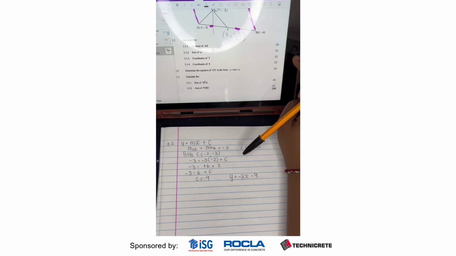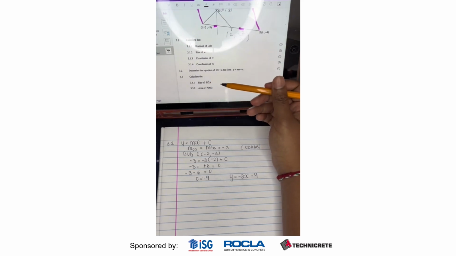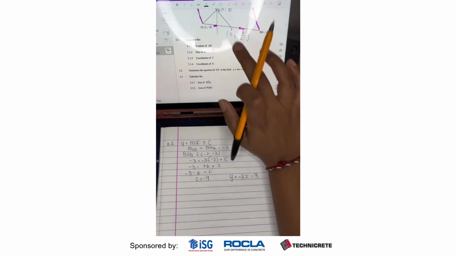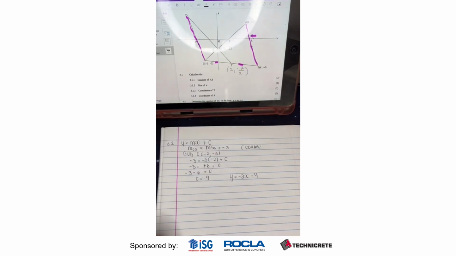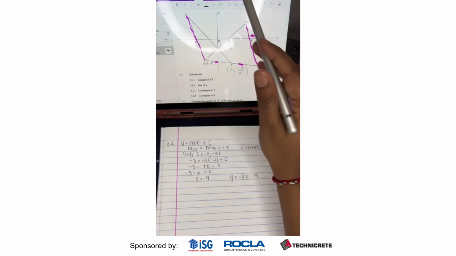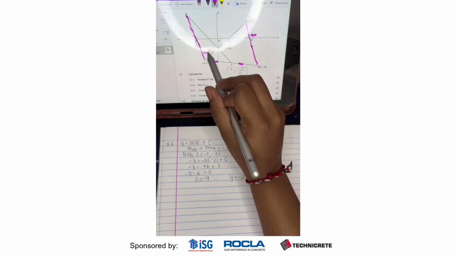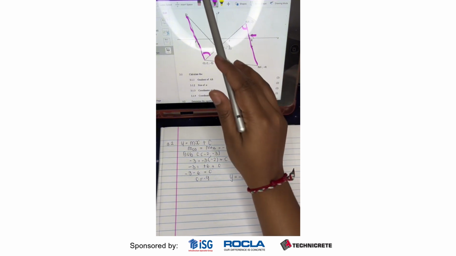The last part of our question, the first one, says calculate the size of DCA. So where's DCA? Here's DCA. So we're looking for this angle here. Because we drew those parallel lines, I know that that angle is going to be equal to that angle, alternating angles. So if we are able to find that angle, we'll be able to find that angle.